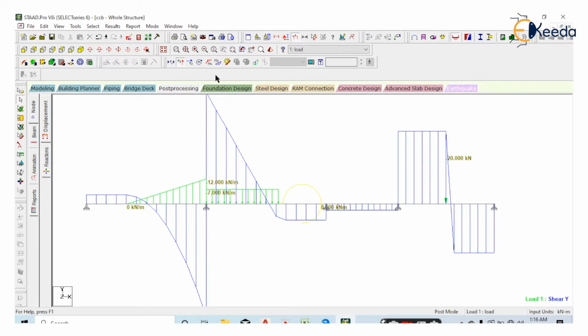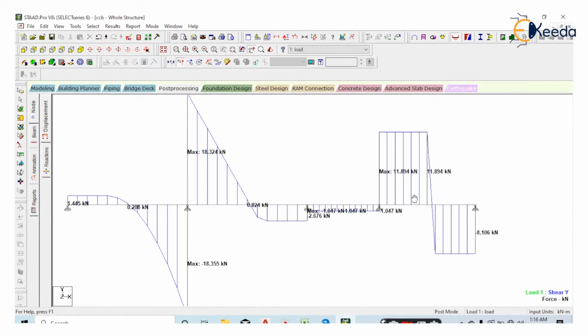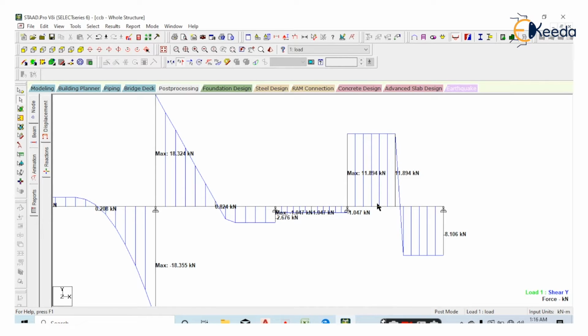The last beam, there is some shear force of, just on that data, annotate. At the last beam, there is a maximum shear force of 11.894 kilonewton.